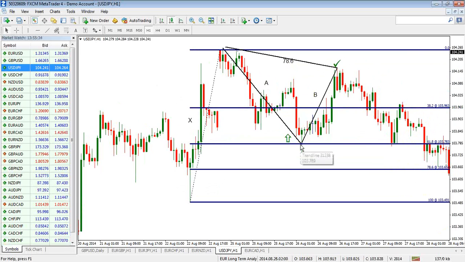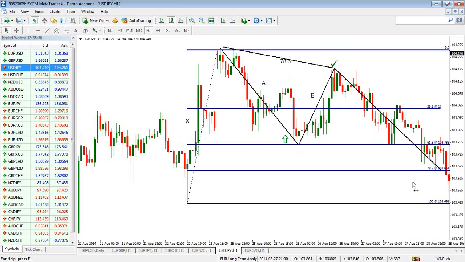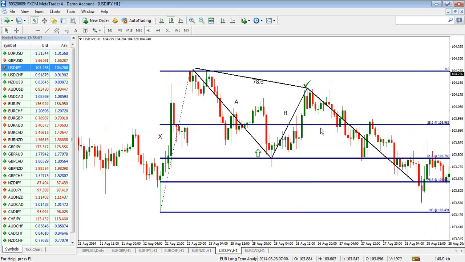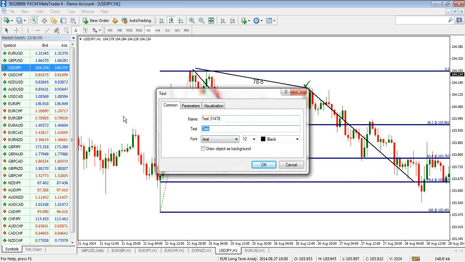We know that A retraced to 61.8% of X. We know that B has retraced to 78.6% of A. That meets our second black and white rule as far as the Gartley pattern. And then we see it coming down here, and we see it start to make a C correction right down in here. And there's our C.